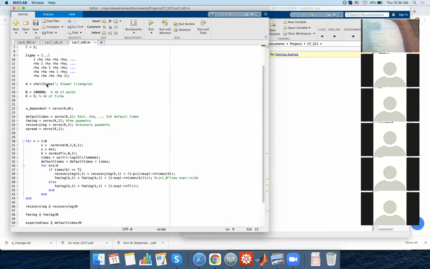And to do that, we need this Cholesky factorization, which gives us a lower triangular structure, and we take independent normals and multiply them onto this Cholesky factorization, this square root process. This is what we were talking about with principal components some weeks ago. And then we get a bunch of jointly normals, and then we transform these normals to get uniforms.